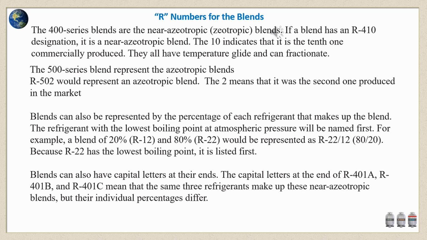Because R22 has the lowest boiling point, it is listed first. Blends can also have capital letters at their ends. The capital letters at the end of R401A, R401B, and R401C mean that the same 3 refrigerants make up these near azeotropic blends, but their individual percentages differ.